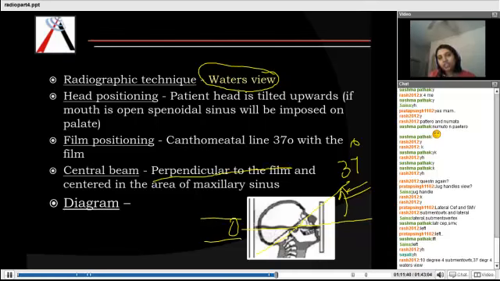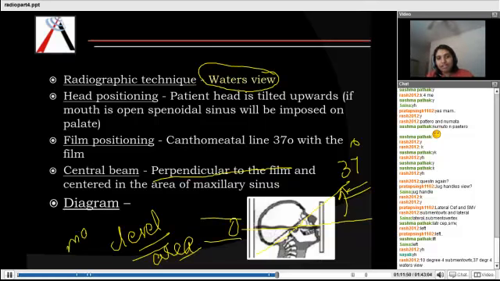And the fourth thing is the level or the area where we are focusing the central beam. So herein it is at the level of the maxillary sinus. Yes, it's 10 degrees for the submental vertex and 37 degrees for the Waters view.